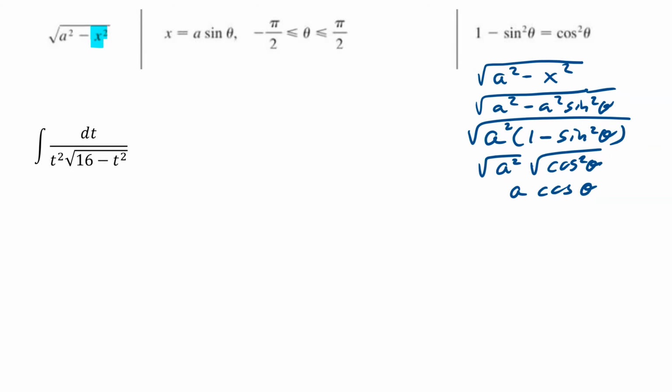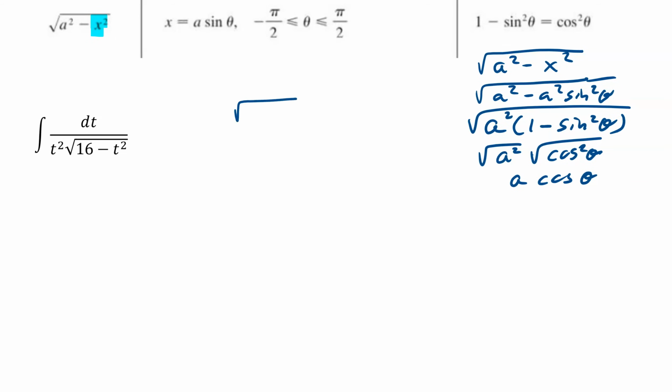So what you do is you start with that expression that has that situation going on. So there's our 16 minus t squared. And yes, you can always just go, okay, well my a here is 4, because it's the square root of 16, and so I'm going to be using t equals 4 sine theta, and then break it down that way. But this method will work every single time. What we're going to do is just substitute it with what we know it needs to be.